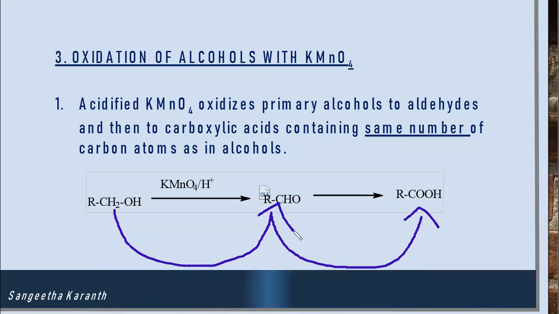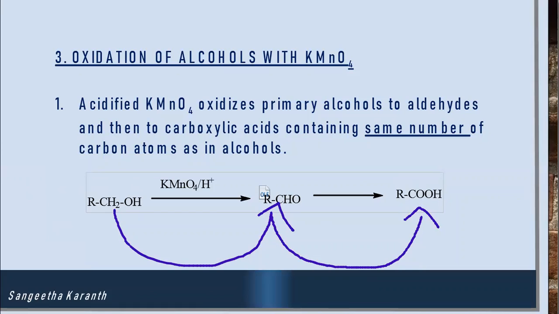One thing we have to remember, the primary alcohols will get converted to aldehydes, and these aldehydes will get converted to acids. Whereas if you take secondary or tertiary alcohols, on oxidation they will give respective ketones. Again, on oxidation of these ketones, we get respective acids, that is carboxylic acids.